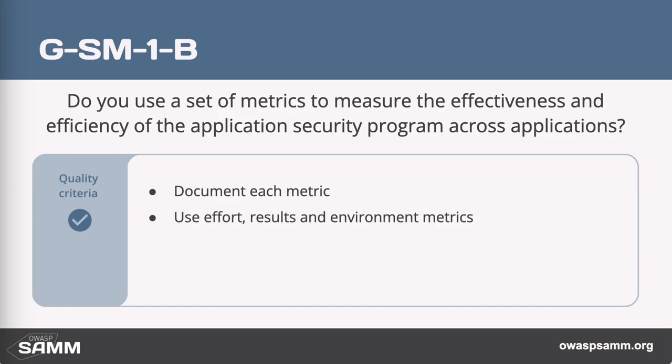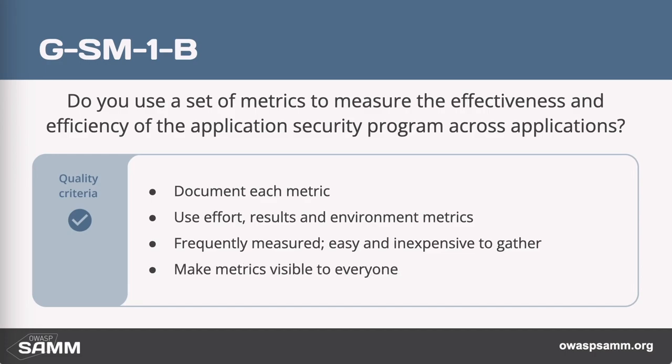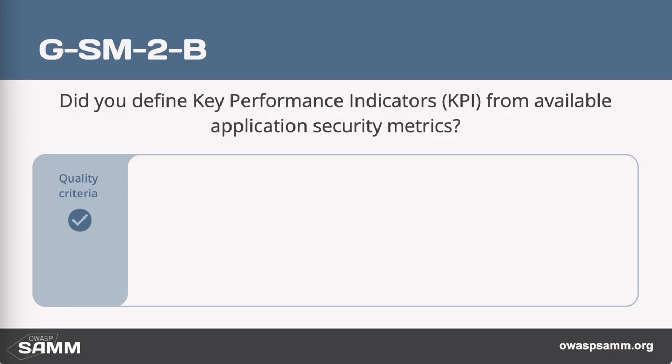The more types of metrics you have, the more credit you'll get. It's measured frequently and it's inexpensive to gather, ideally being output by an automated process. Finally, the metrics are published and visible to everyone. Secrets don't really count.